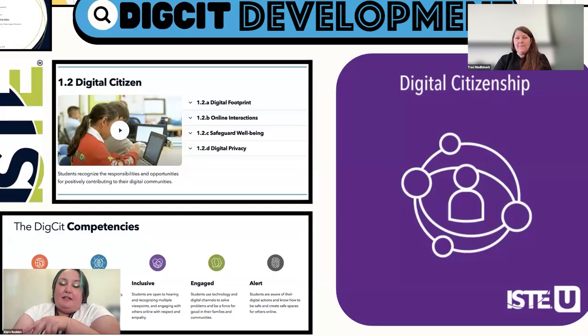We felt that these competencies were broad enough and could be used in a proactive way, right? That kids can actually engage with these proactively instead of being told, no, you don't do that, don't do that. But again, empowering them to make choices about how they act and behave in online spaces.